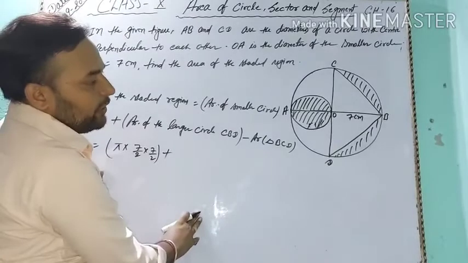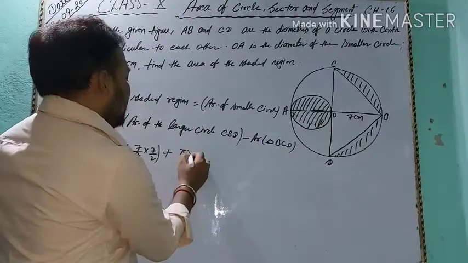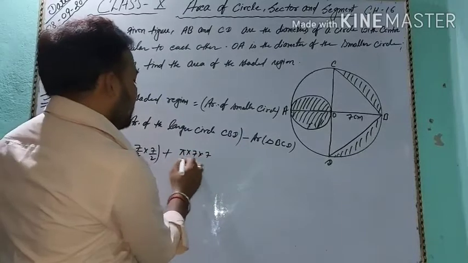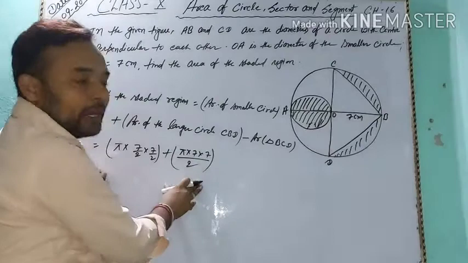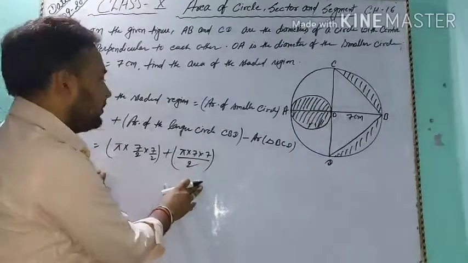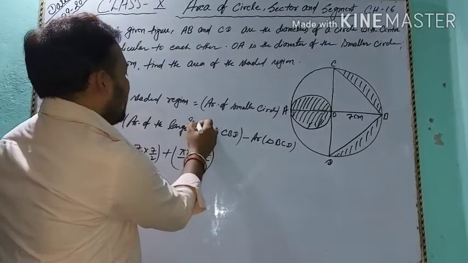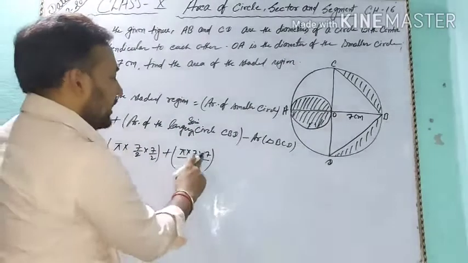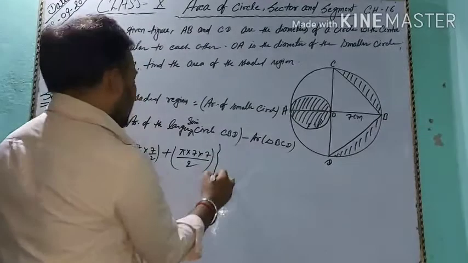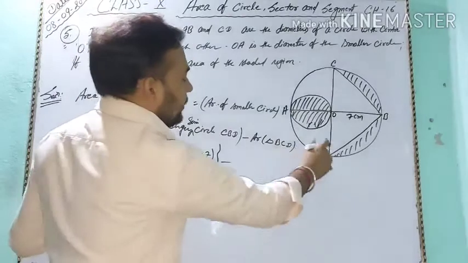Radius is 7 centimeter, so pi r square by 2, that is pi into 7 multiplied by 7 by 2. Minus area of triangle BCD.